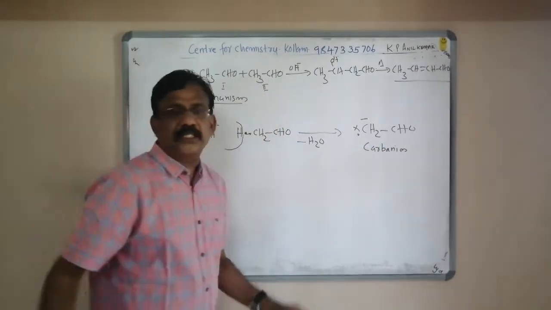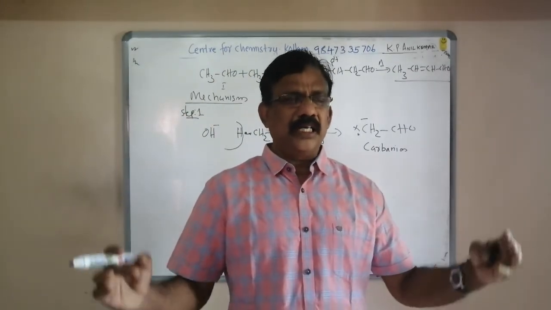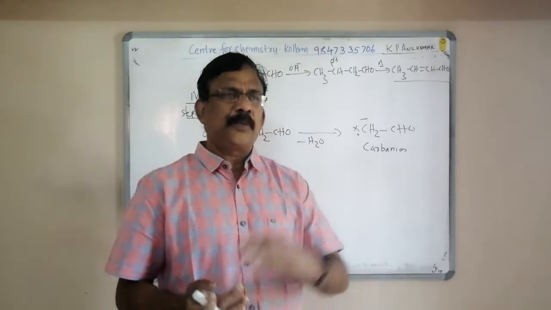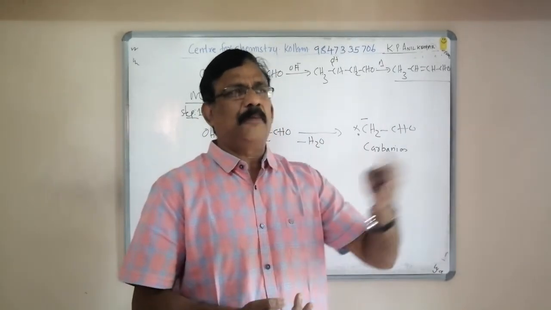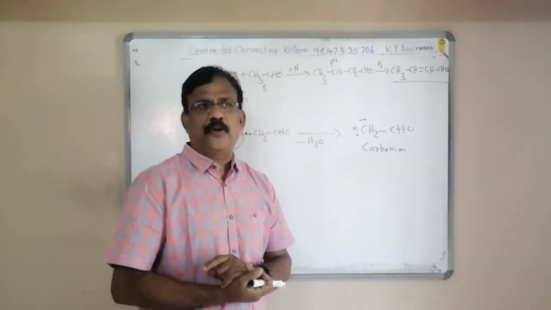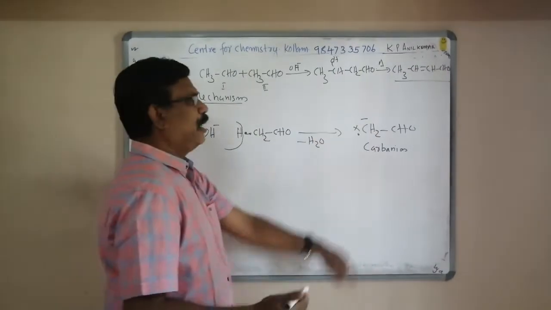So in the aldol condensation reaction, condensation is between two molecules of carbonyl compound. In the first step, a carbanion is produced, highly unstable. So the first molecule is changed into a carbanion.